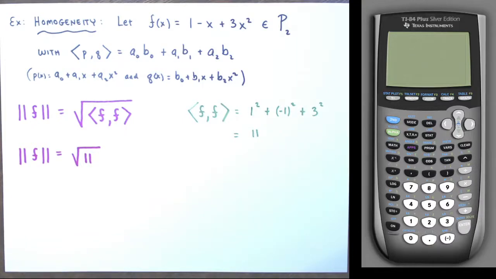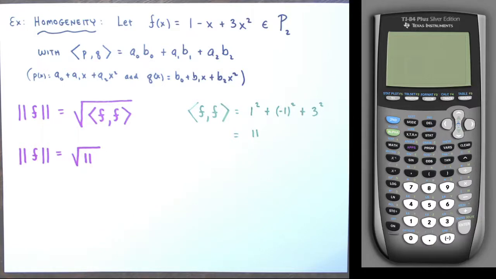Now notice I'm not saying length anymore now. I'm not going to say length or magnitude. I'm going to stick with norm. Because what is the length of a polynomial? What is the length of a matrix, of a function? That doesn't make any sense really. The only time length really makes any sense is when you're in R2 or R3 and you can visualize a picture of a length.